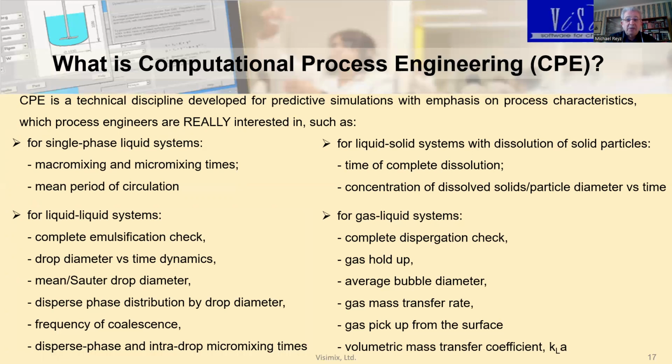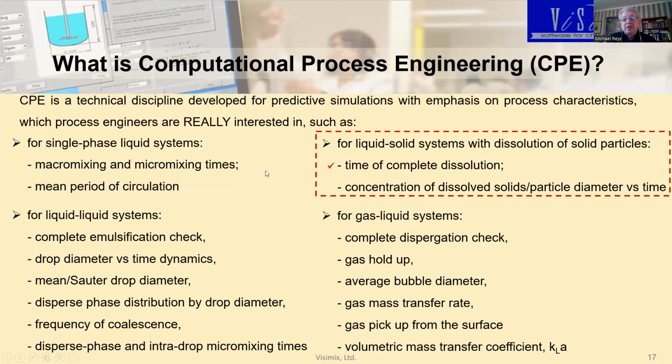or some other parameters. For liquid-solid system with dissolution of solid particles, this is time of complete dissolution or concentration of dissolved solid, or dissolved solid particle diameter versus time.